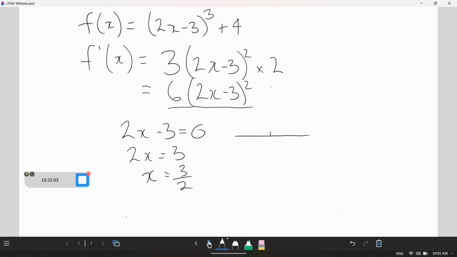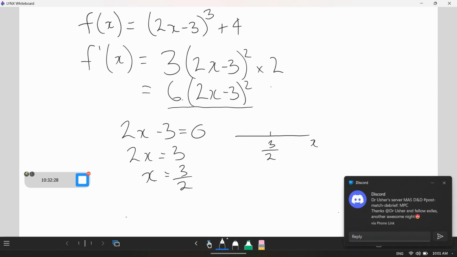So here we go, we're doing our sign diagram. There's our stationary point at 3 on 2 when the derivative is equal to 0. And in this instance, you can see, regardless of whether we use a test value below 3 on 2 or higher than 3 on 2, it will be in the brackets, which ultimately gets squared afterwards.